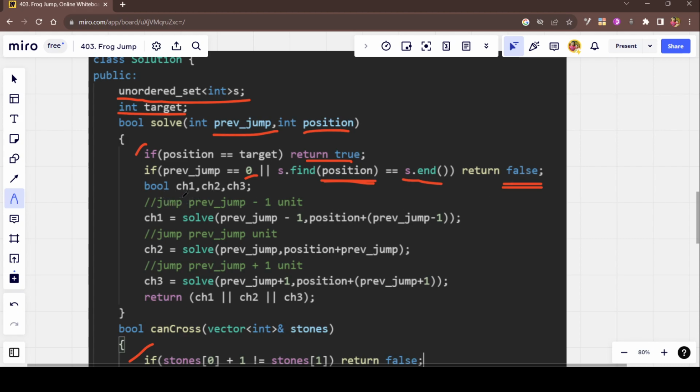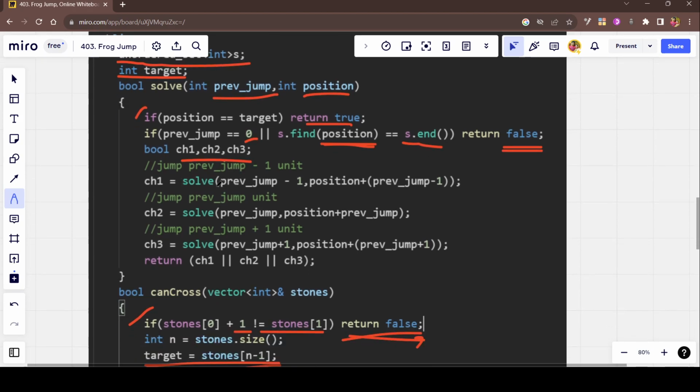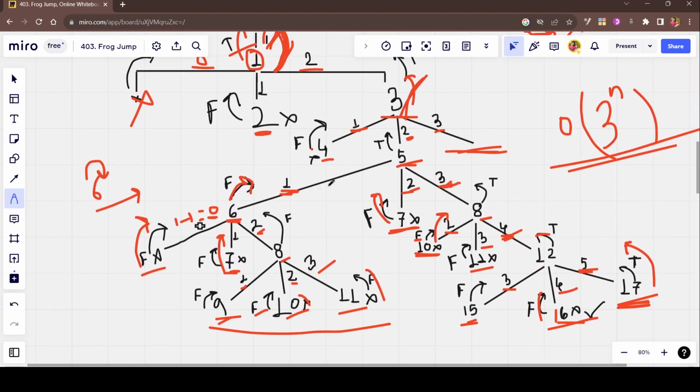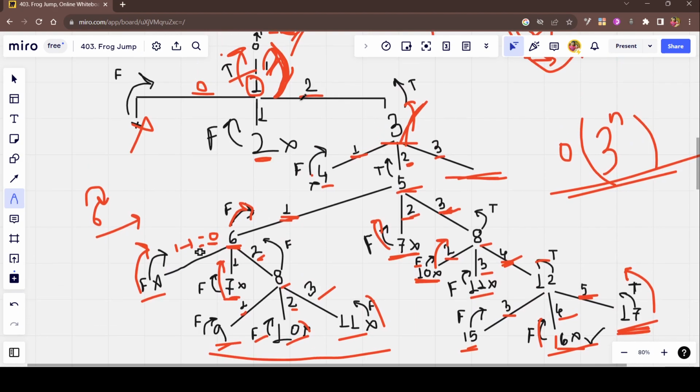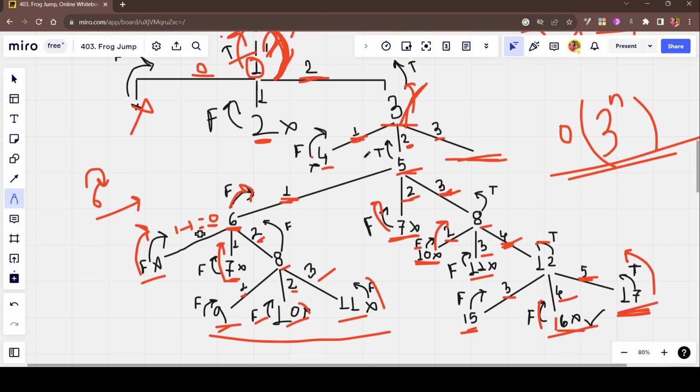Now we have three choices: choice 1, choice 2, choice 3. That means k minus 1, k and k plus 1. First, choice 1: we can jump previous jump minus 1. Suppose previously we jumped 2 units, now we can jump 2 minus 1 unit.